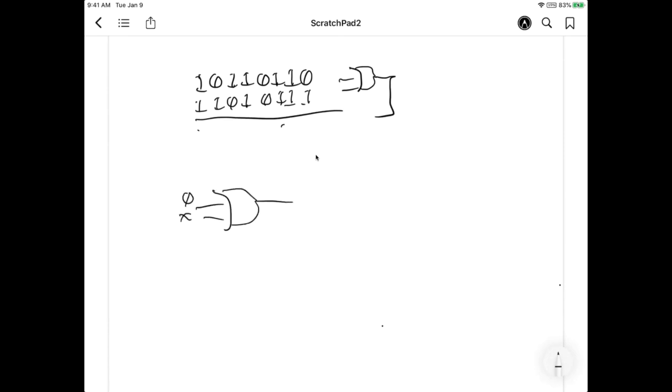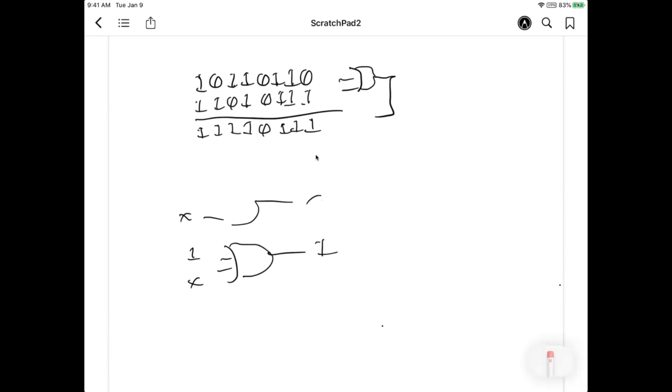If this is a 0 and that's an x, you get an x. If this is a 1 and this is an x, you get a 1. So if we do this bit by bit, it's going to be 1, 1, 1, 1. The only time you're going to get a 0 is when both are 0. Right? And so that's how you do ORs.